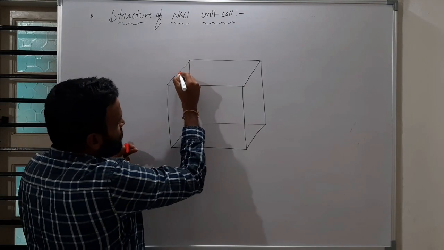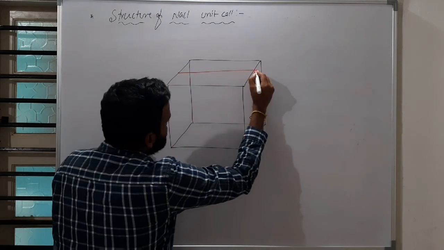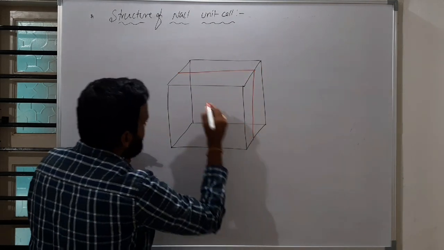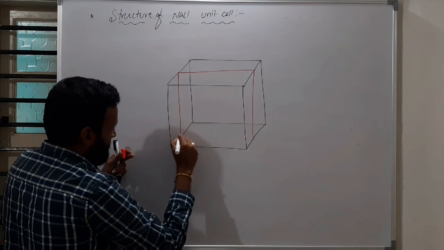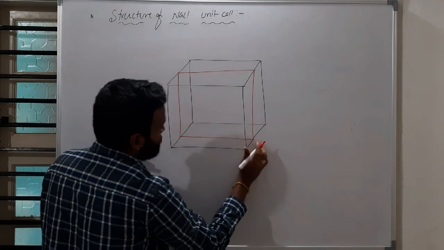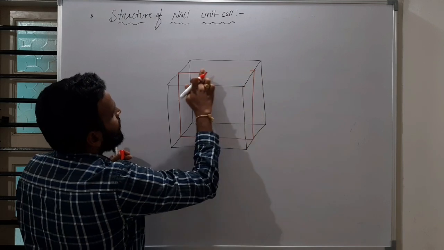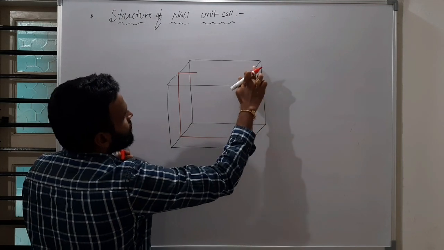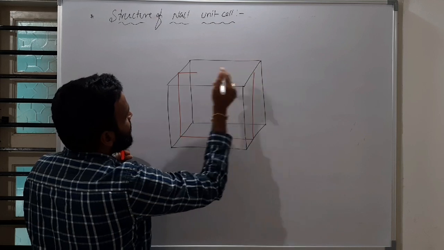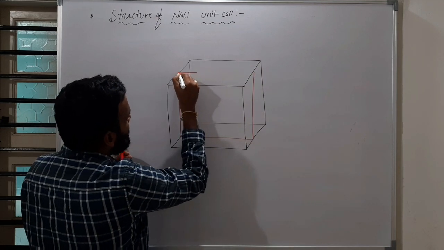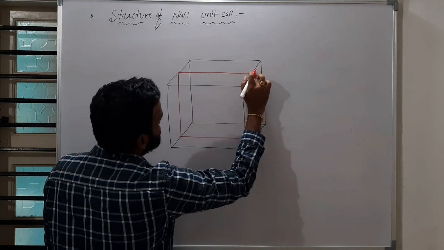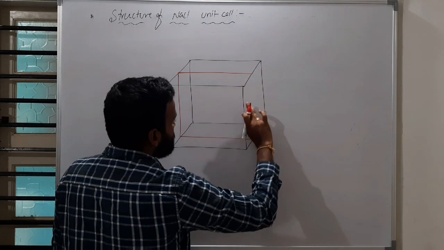Diagonal edges you combine like this, so that you can understand very easily. Better to do it one more time, and you have to change this a little bit.